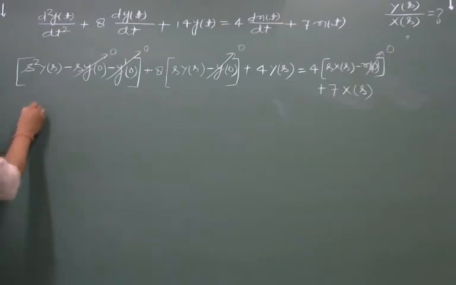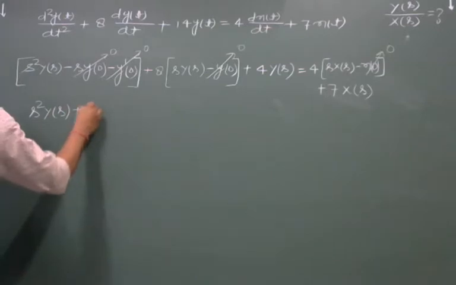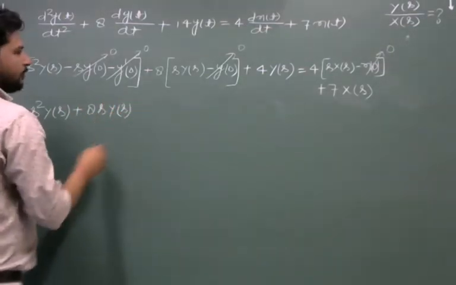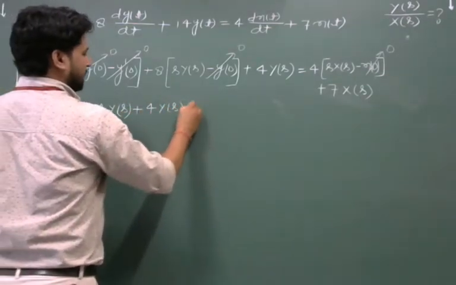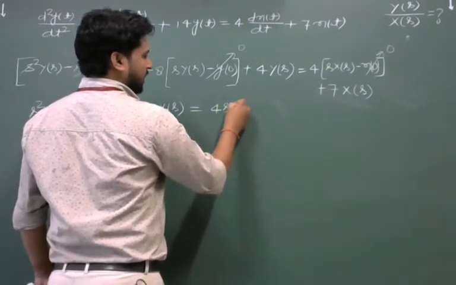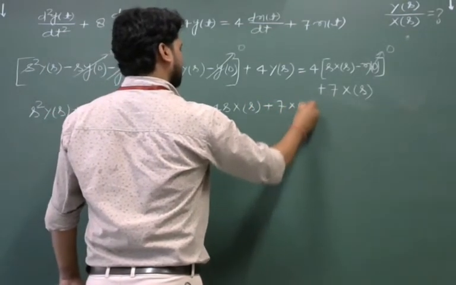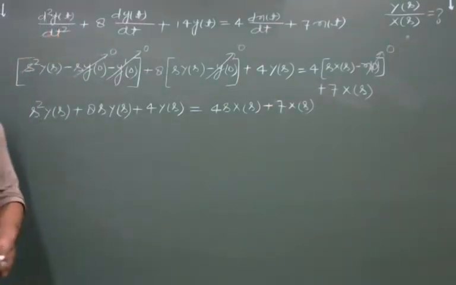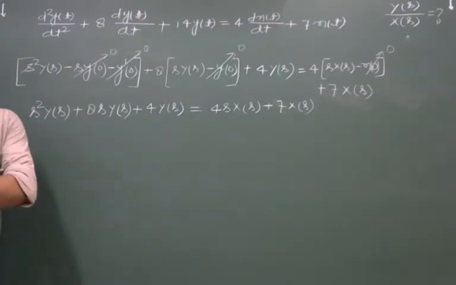So this will become s² Y(s) plus 8s Y(s) plus 14 Y(s) is equal to 4s X(s) plus 7 X(s). And finally, what do we need? We need the ratio of Y(s) and X(s).